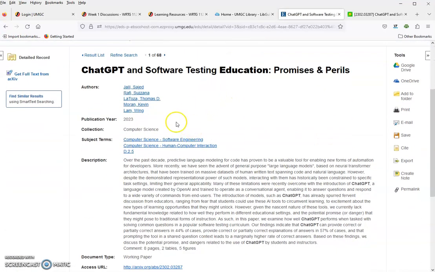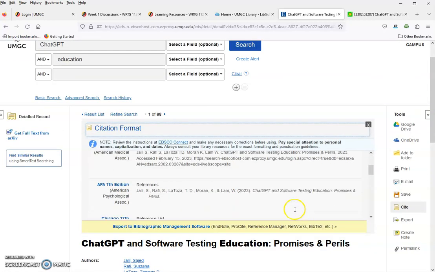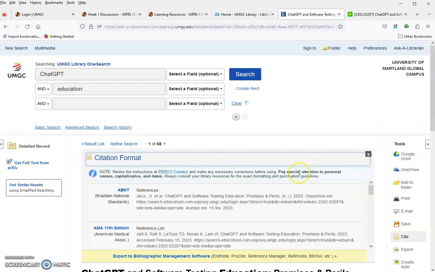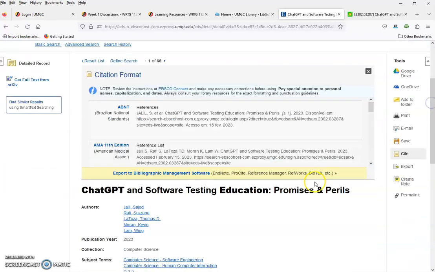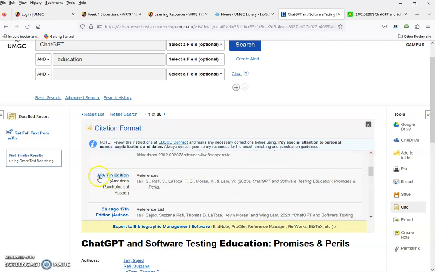So here it is, and you go to this citation right there, and you go down to this, this is an AMA. You want APA 7th. That's what UMGC uses. So you copy and paste that.